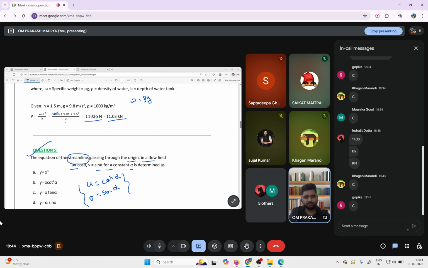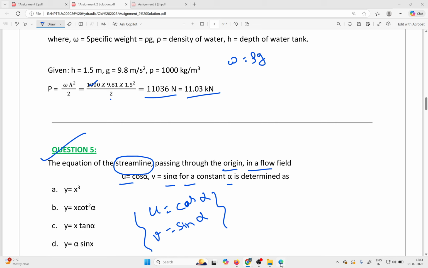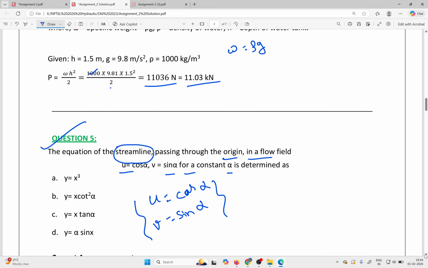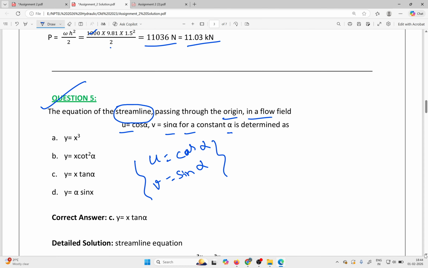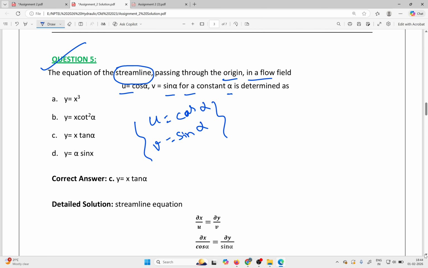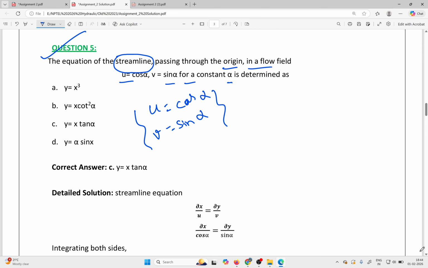Okay, Gopika is also telling C. Okay, let me just show you the answer. The equation of a streamline for these two components of the velocity, u cos alpha and v sin alpha. So option C is correct, but how? So this is your equation of a streamline.